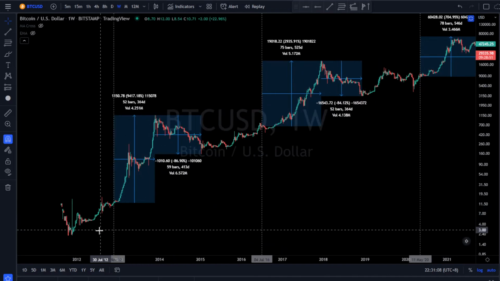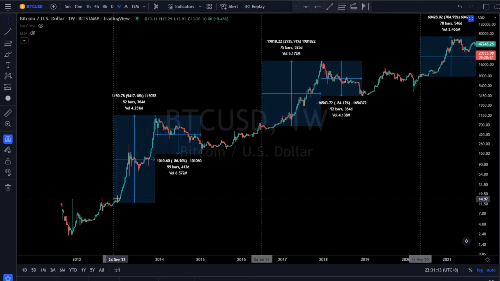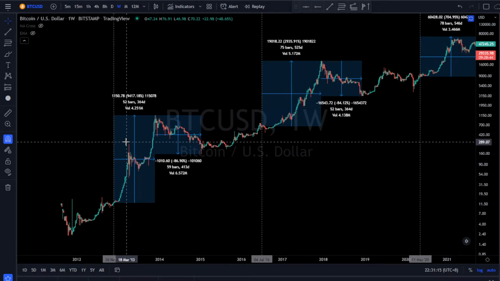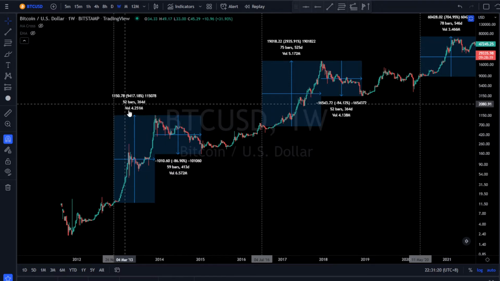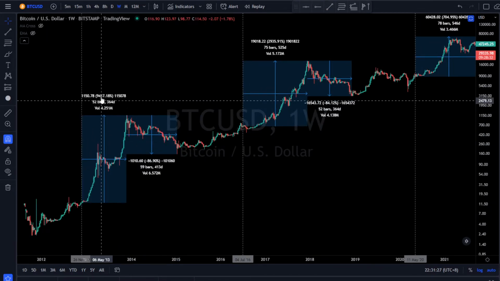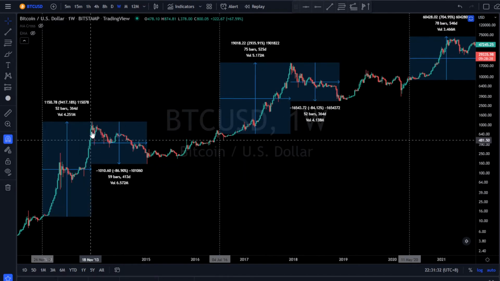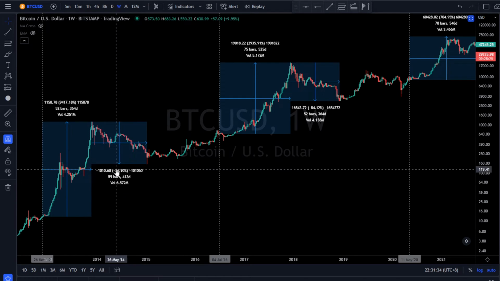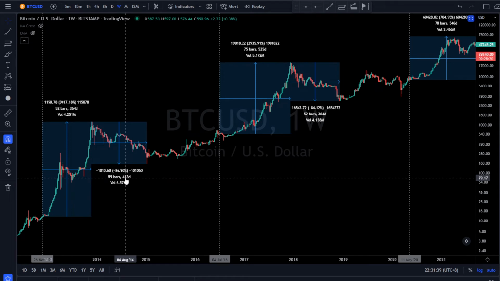Okay, so in the 2013 cycle, after the halving happens, price went parabolic. There was a first pump, a pullback, and then the next pump to the cycle high. That took about a year, 364 days. Okay, and the returns was about 9,400%. Okay, and the drop from the highs was a brutal 87%, and the drop took also a year plus, 413 days.